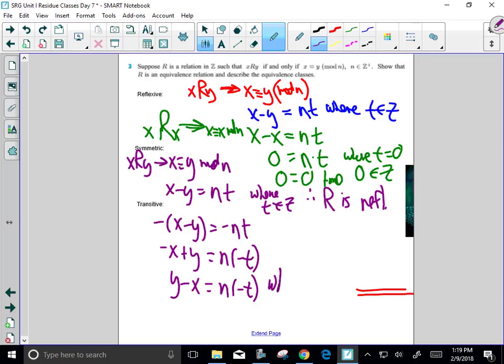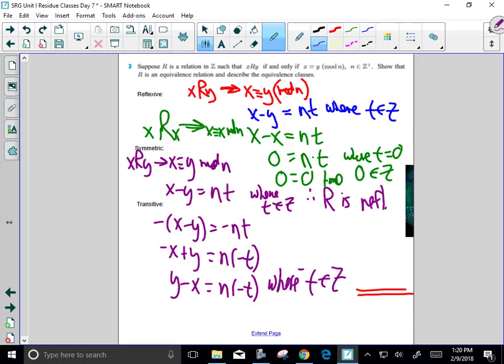Can we say where T is an element of the integers? Or I'd say negative T is an element of the integers. Is the opposite of T an element of the integers? Yeah. It would have to be, because integers are positive and negative. The positive ones would be integers as the negatives would be.